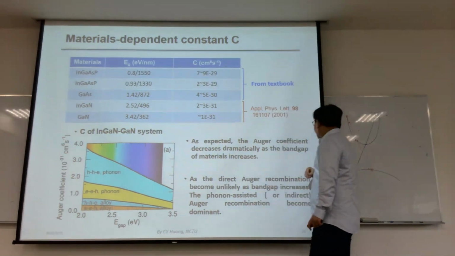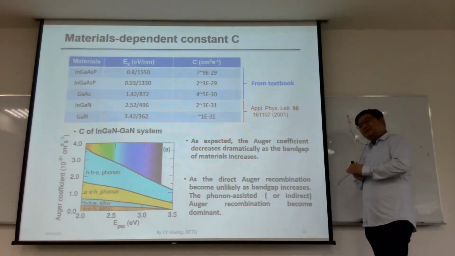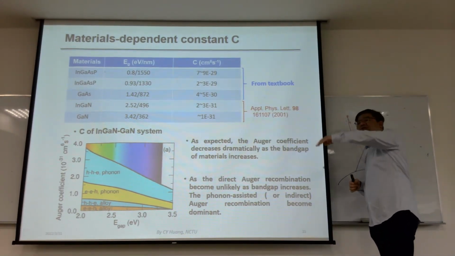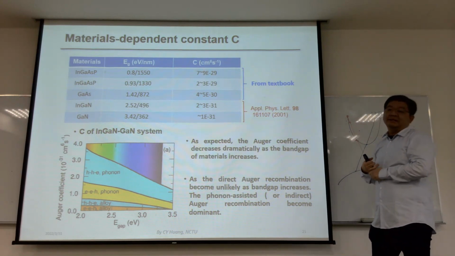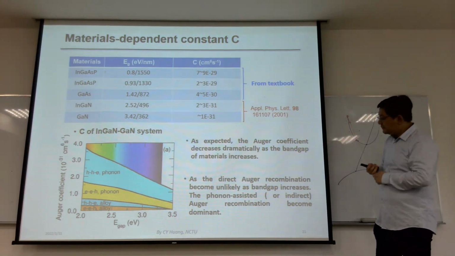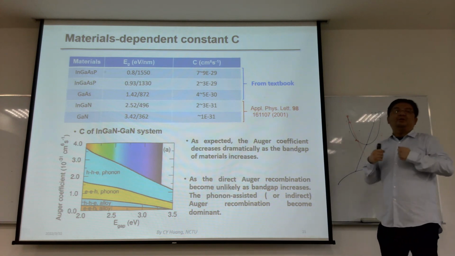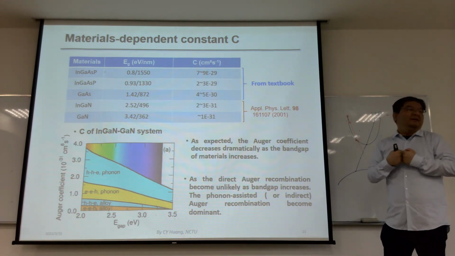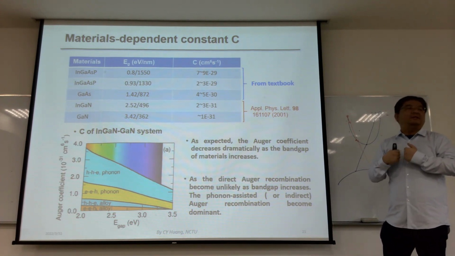But we still measure devices with efficiency droop as the carrier density goes up. What does happen? That has become a very strong argument over 5 years, since I started my PhD.